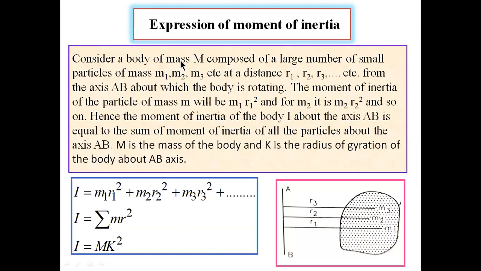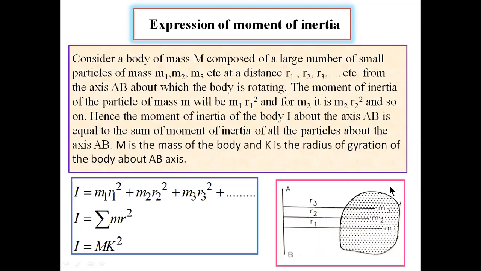Consider a body of mass m composed of a large number of small particles m1, m2, m3, etc. These are the different small particles, and m1 is at a distance r1 from axis AB, m2 is at a distance r2 from AB, and m3 is at a distance r3 from AB.